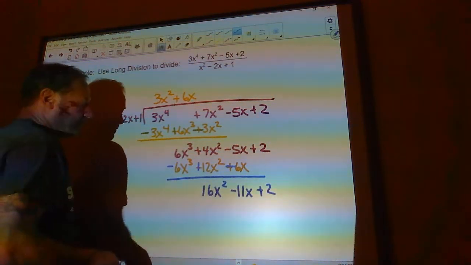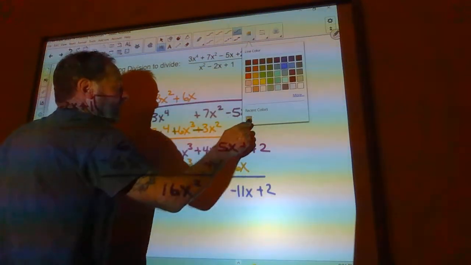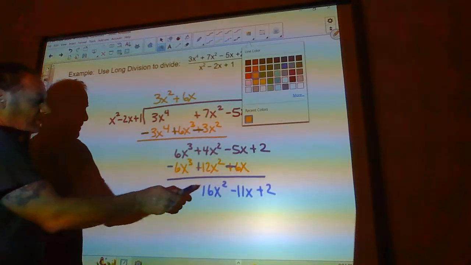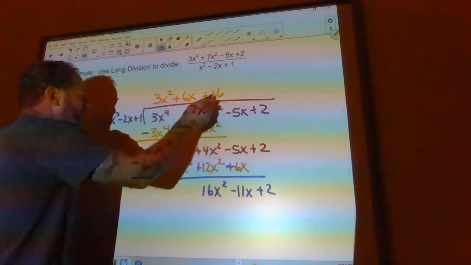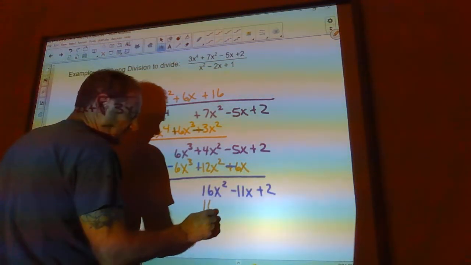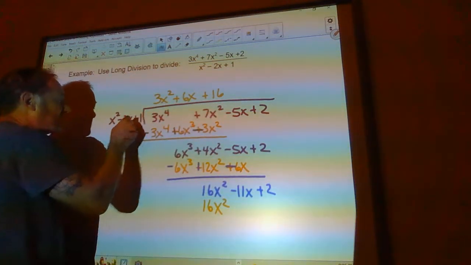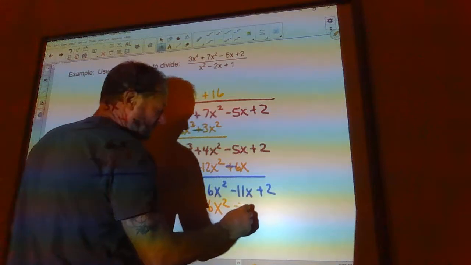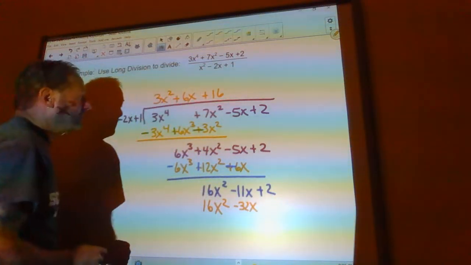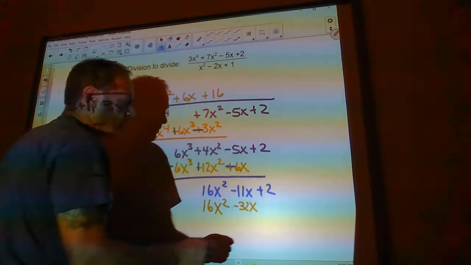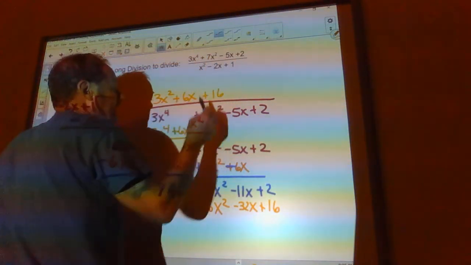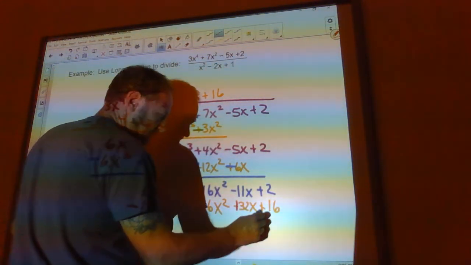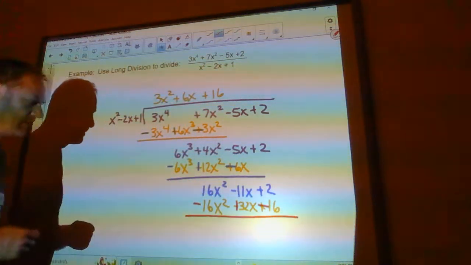Okay, what do I multiply x squared by to get 16x squared? How about 16? 16 times x squared is 16x squared. 16 times negative 2x is negative 32x. And 16 times 1 is 16. And then I'm going to go ahead and subtract this.